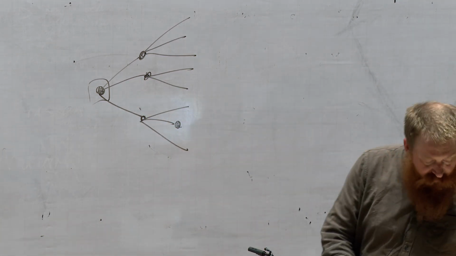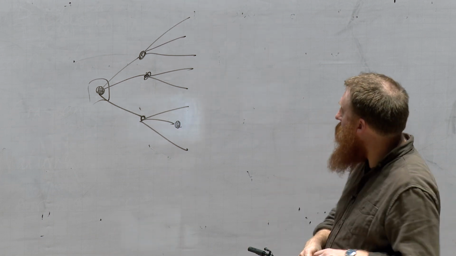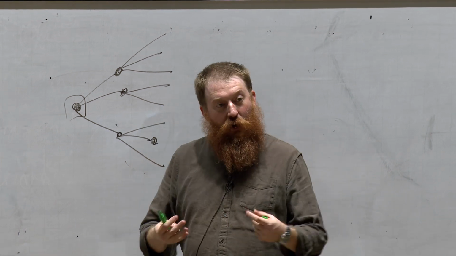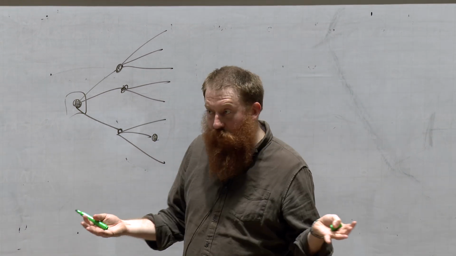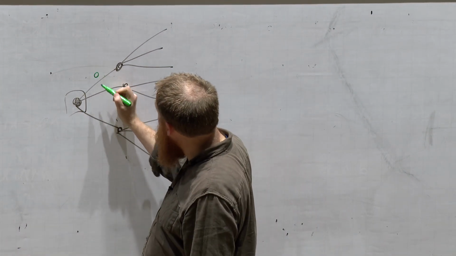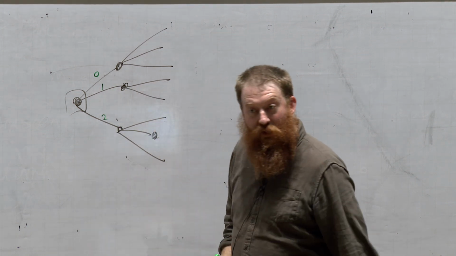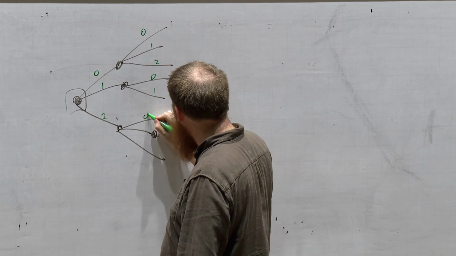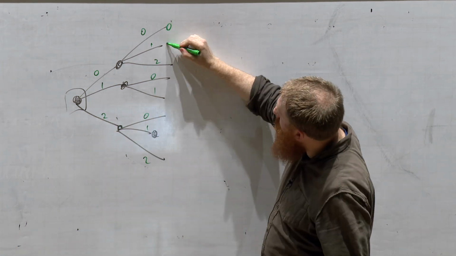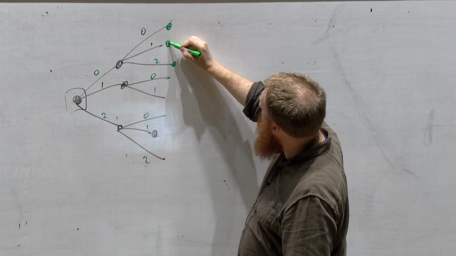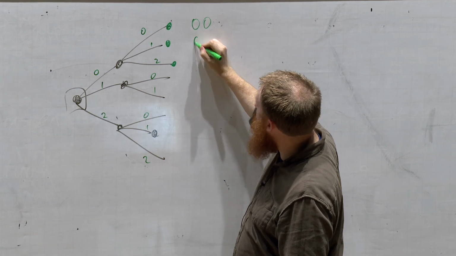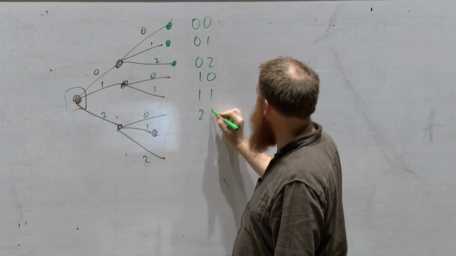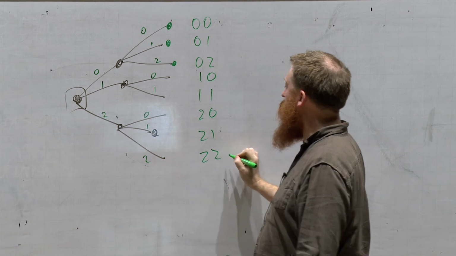Okay, why is this interesting for us? Well, we can think of our codes as being rooted trees. So if I had a code with 3 elements, 0, 1, 2, then I would have first digit 0, 1, and 2. And a second digit 0, 1, 2. And that means that each of these points has a code word: 0 0, 0 1, 0 2, 1 0, 1 1, 1 2, 2 0, 2 1, 2 2.